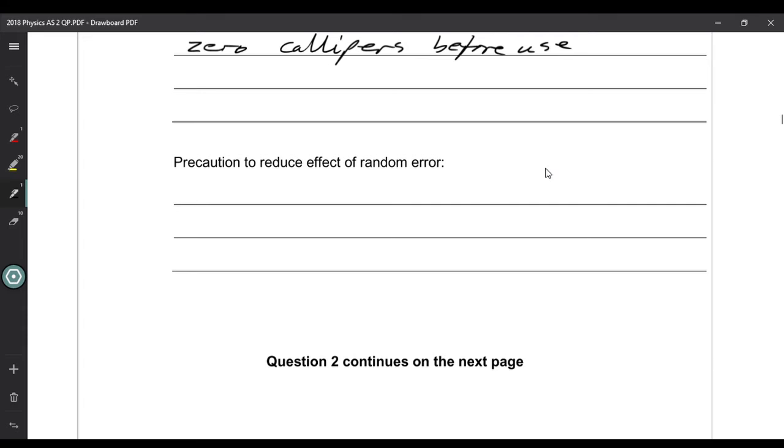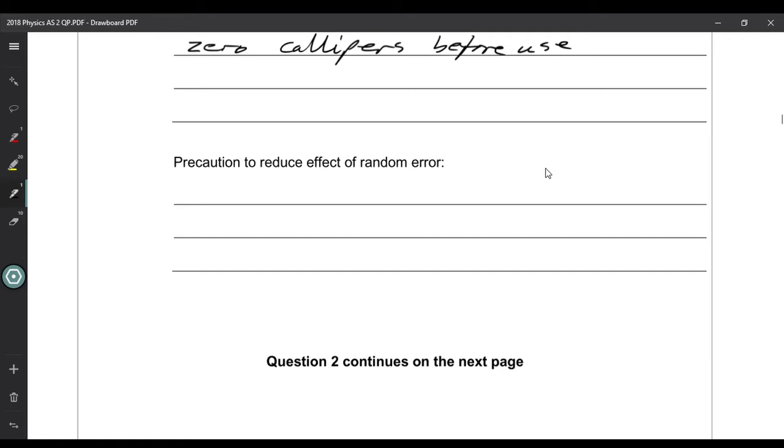So this is the type of question where you've got to give enough detail. It's not just enough to give an answer like repeat measurements and average. You've got to say what you're repeating the measurements of.